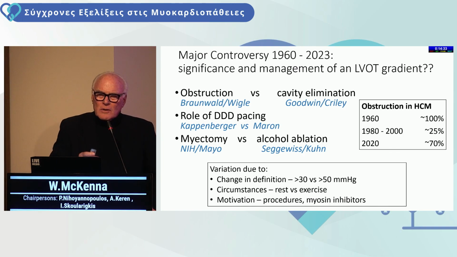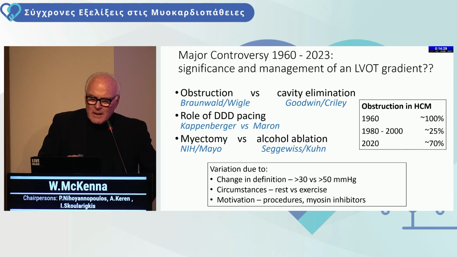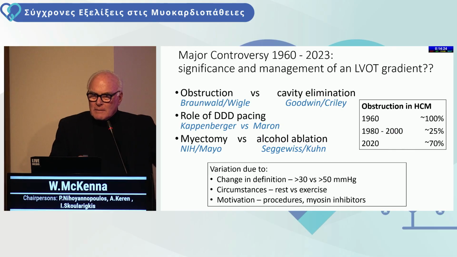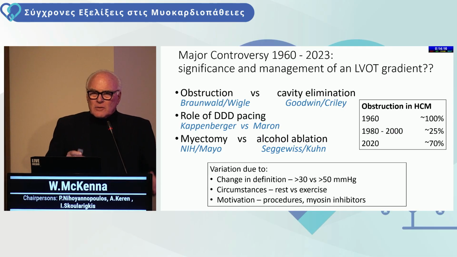I think it's useful looking back, and sometimes to know where you're going, it's useful to look where you've been. This is a brief summary of hypertrophic cardiomyopathy going back to the beginning with Braunwald and Goodwin and Doug Wigle and others. If you look on the right-hand side of the slide, in the 1960s, this was a disease of obstruction. M-mode echo comes along, and very quickly, early 60s, 64, 65, not all patients have obstruction.